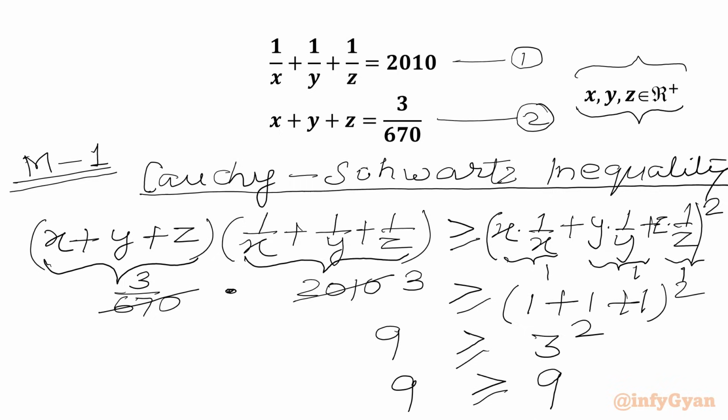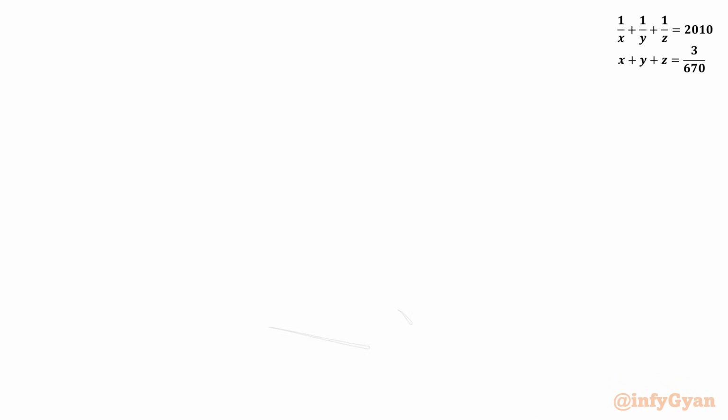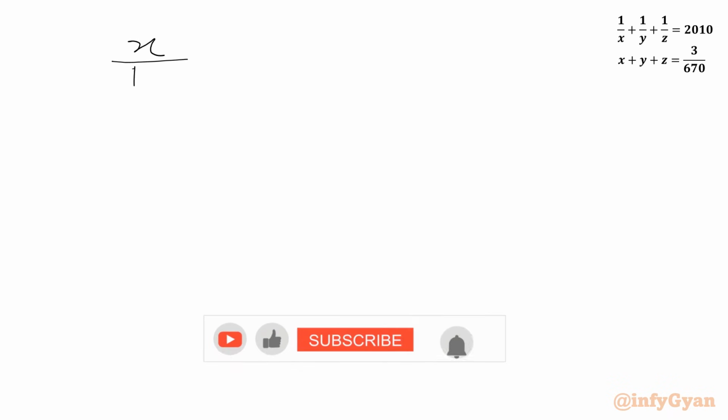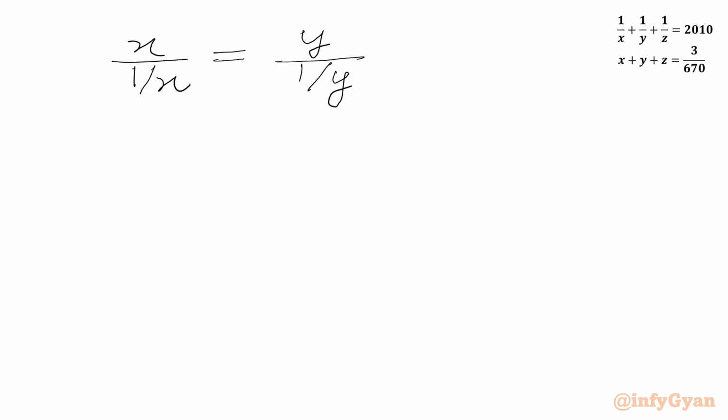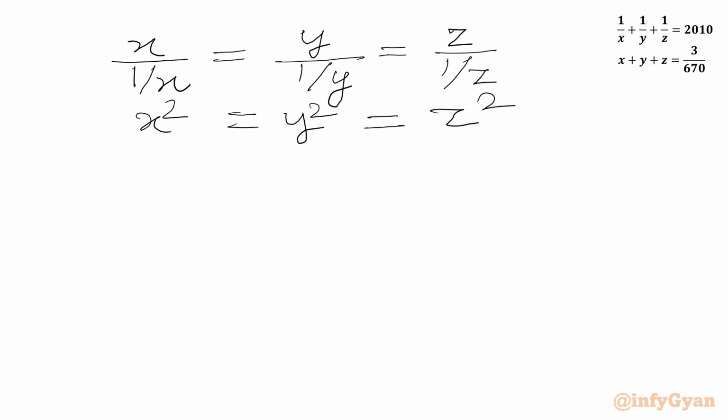So we will conclude from here, through this inequality, x over 1 over x must be equal to y over 1 over y must be equal to z over 1 over z. Or we can write x square is equal to y square is equal to z square. For x, y, z belonging to positive reals, we'll write here x equal to y equal to z.